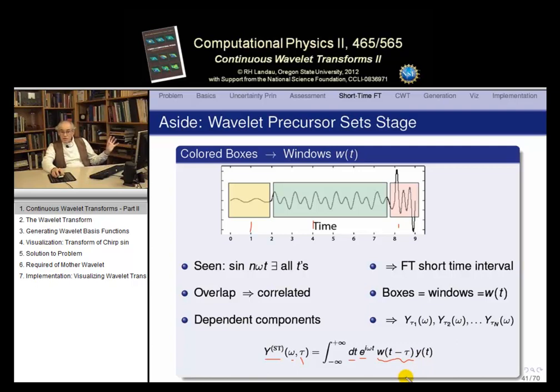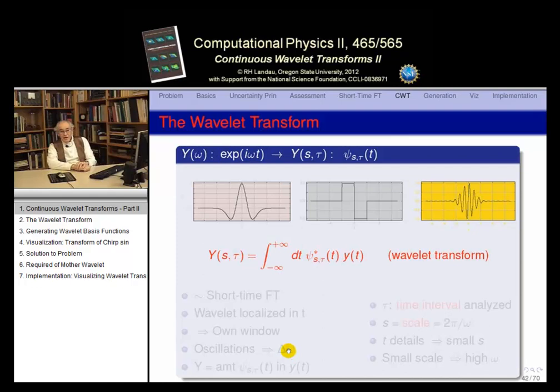Then that just sweeps through the data, and the window function has its maximum at time 0. So as we vary tau, we get to place the window at different places along the data. And this is our signal at the end. So tau here is a variable or a parameter. So we take the Fourier transform for all possible values of tau as well as omega to get all frequencies out.